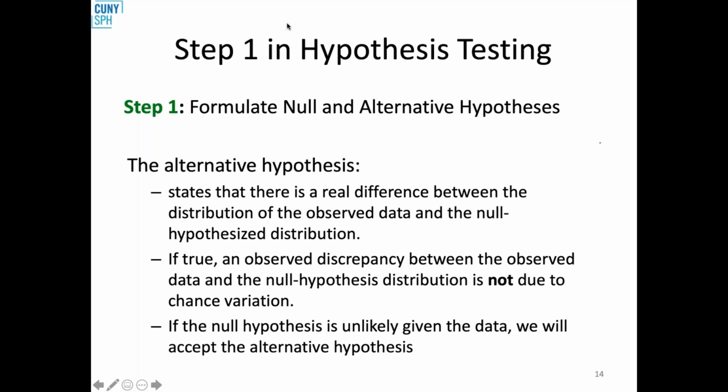We're going to set up a null and alternative hypothesis. The alternative hypothesis is the one that's really interesting to us. It states that there's an actual difference between the mean for group A and the mean for group B, right? That's what we want to prove.